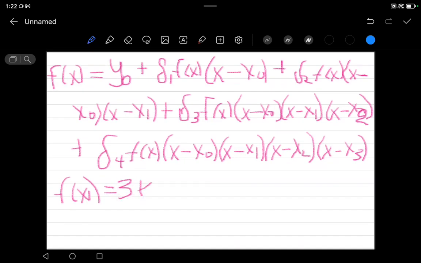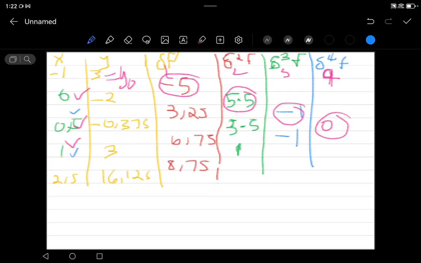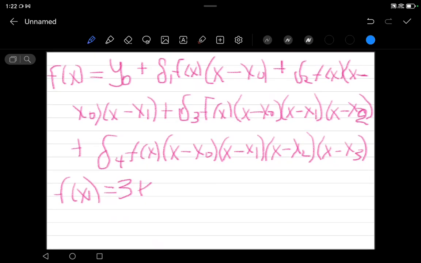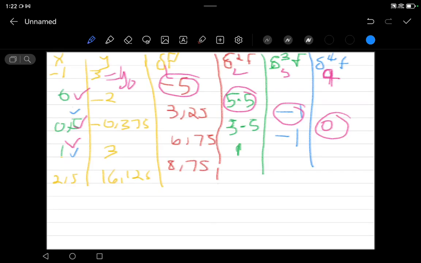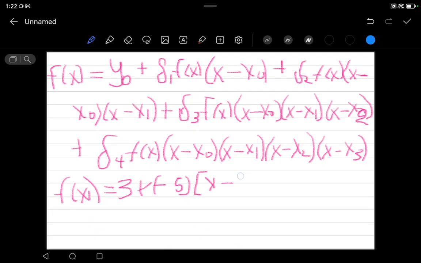Okay, and now our y0, it's 3. And then our delta 1, it's negative 5. So it's going to be a negative 5 into x minus x0. Our x0 is negative 1. So it's going to be minus into negative 1. Plus delta 2.